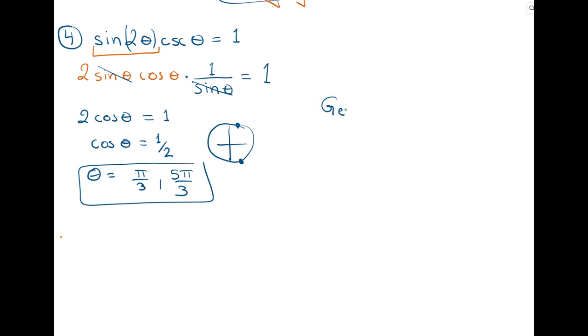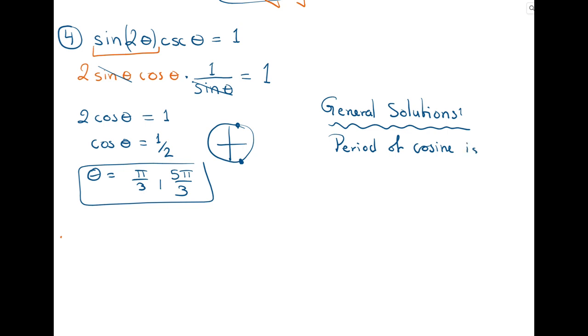And then if I want the general solution, we're going to have to remember that the period of cosine, because that's what I have at the end here, cosine theta, right? The period of cosine is 2 pi.